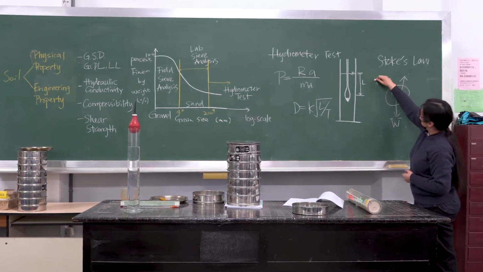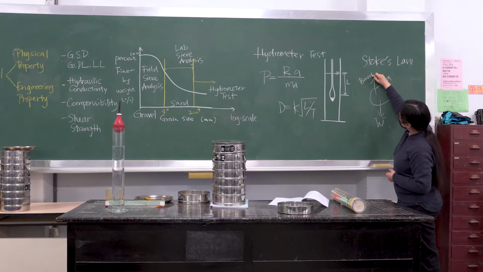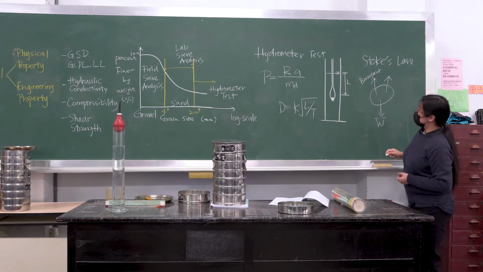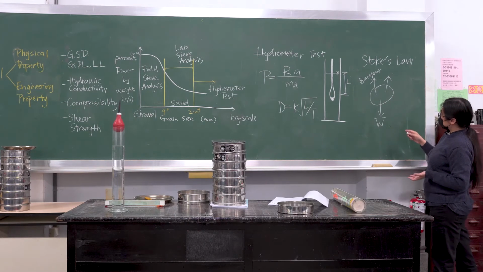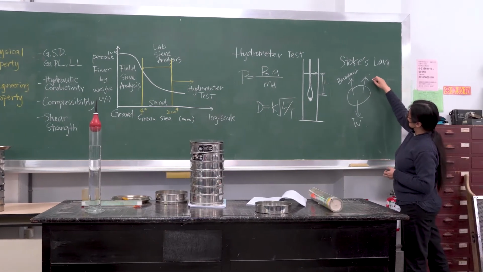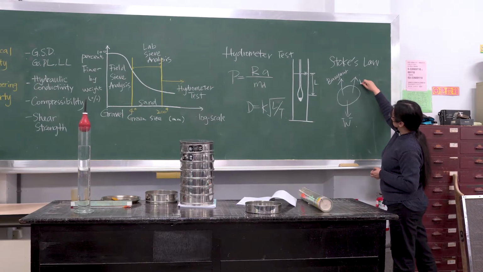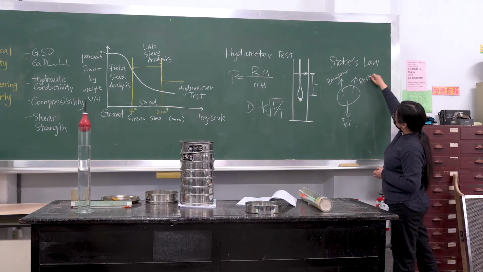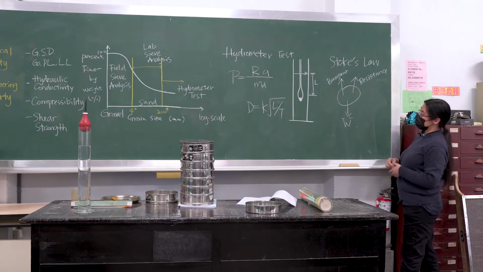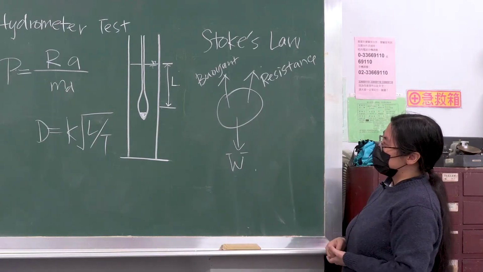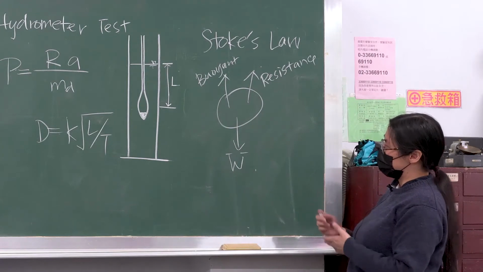One is the buoyant force, which is related to the volume of the particle, and the other force acting on the particle is the friction or resistance force, which is related to the velocity of the particle.